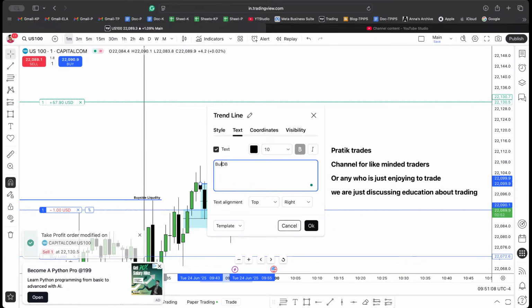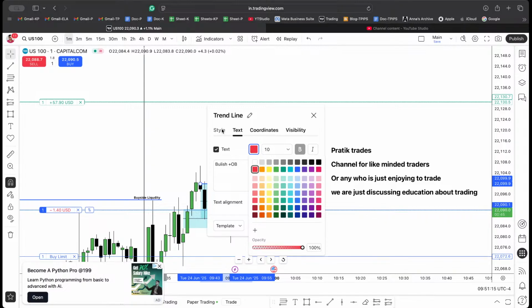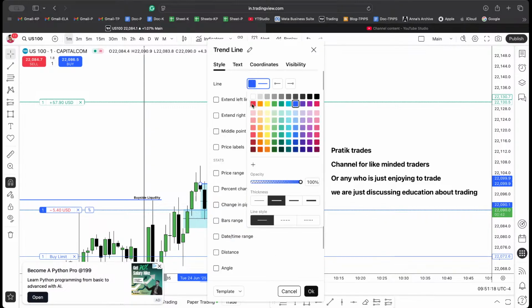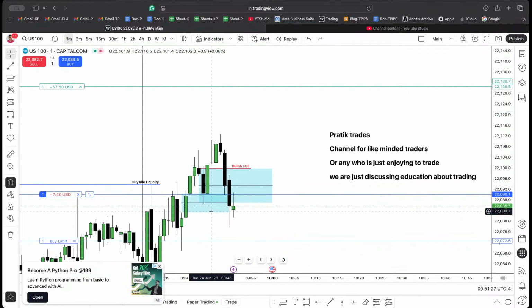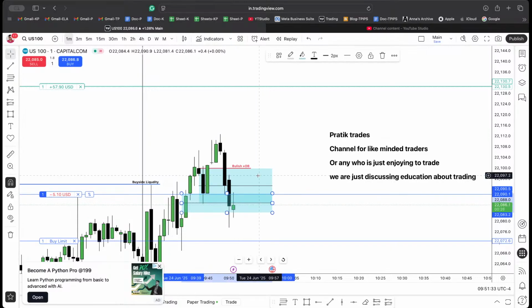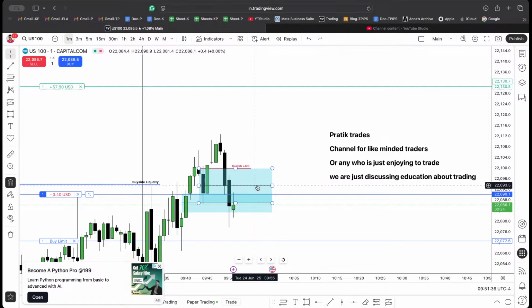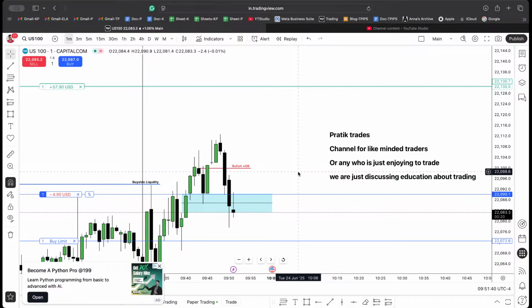So this is the bullish, or plus sign, order block. Let's mark it in red. We can see that the price has pierced down this fair value gap, but the bodies are respecting it, which is a good sign till now.